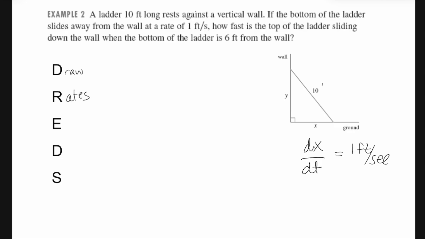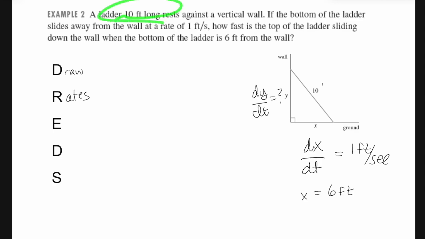Then it says how fast is the top of the ladder sliding down the wall. So we're looking for dy/dt. How is that y changing at that particular moment? It says when the bottom of the ladder is 6 feet from the wall. I called that X. So let's look at what we've done.